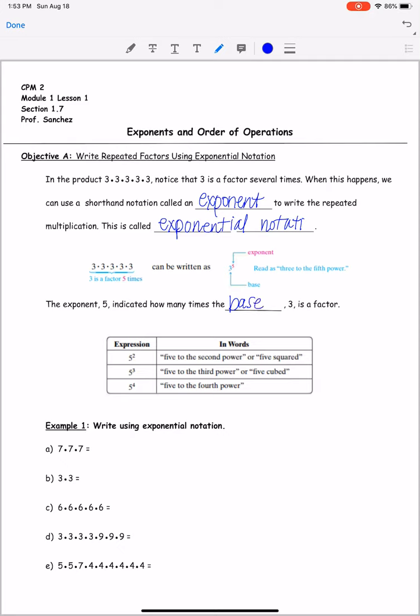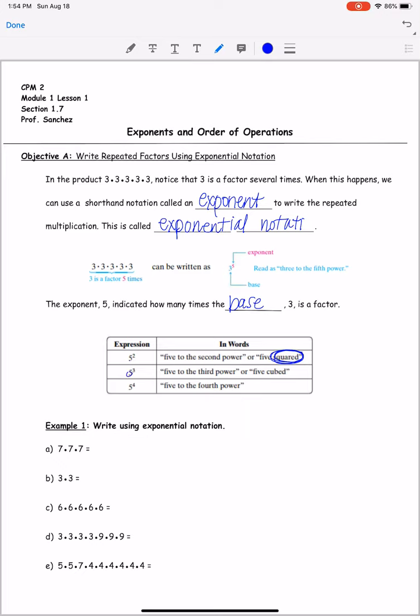So you have these different expressions here and how to actually read it. When you have 5 as the base, 2 as the exponent, this reads either 5 to the 2nd power, or a lot of times you'll just hear it referred to as squared. So 5 squared.